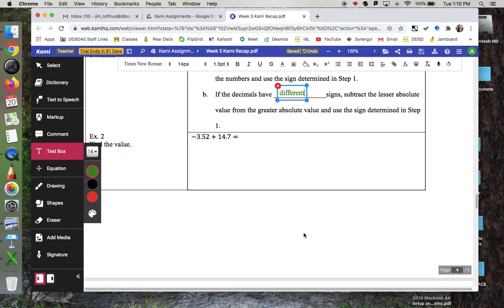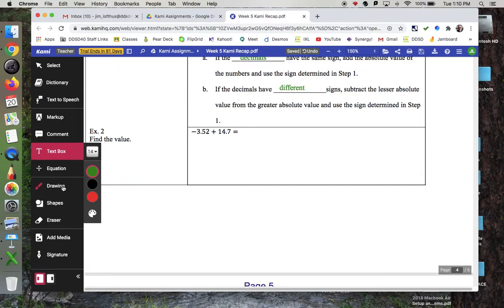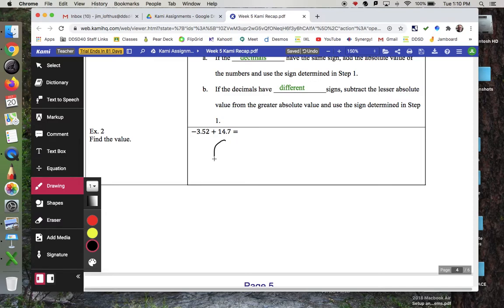So what we did in class was we drew a sketch. So I'm going to draw a sketch right here of, let's pretend that this is 14.7, and I'll fill it in with a positive color. And then I had students tell me if I was to draw this -3.52, would it be smaller or bigger? I'm going to make it red, I'm going to make it negative, but they decided that it would be smaller because 3 is smaller than 14.